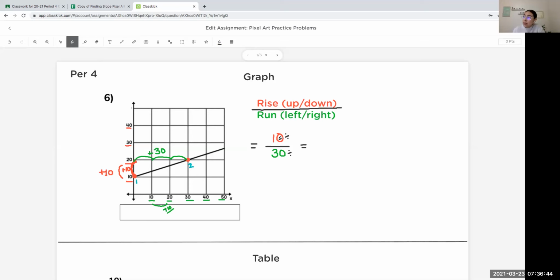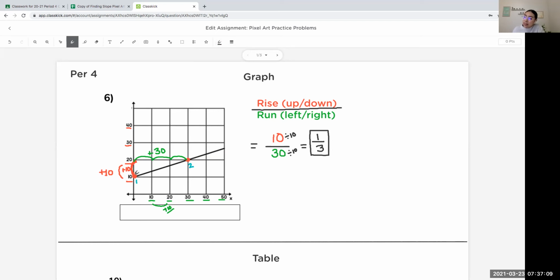But both of these can also be divided by 10. And that gives me 1. 10 divided by 10 is 1. 30 divided by 10 is 3. So our slope here is 1/3.